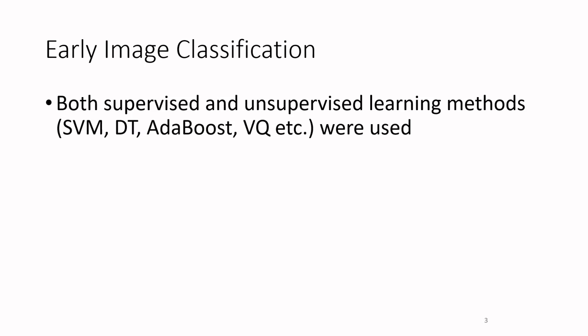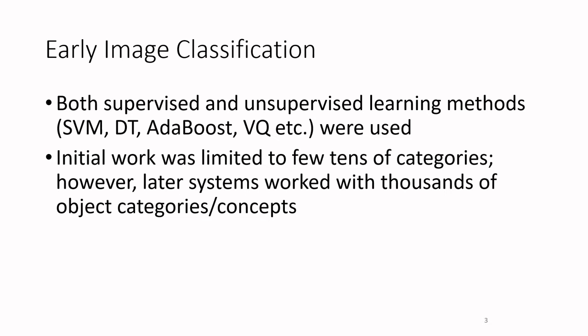Let's look at how people were using image classification in the earlier research. If you look into the literature, you will find that both supervised and unsupervised learning methods, for example, support vector machines, decision trees, AdaBoost, vector quantization, etc., were used. The initial work was limited to a few tens of categories.